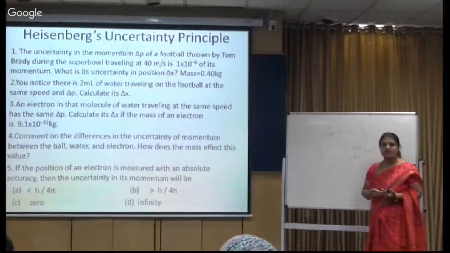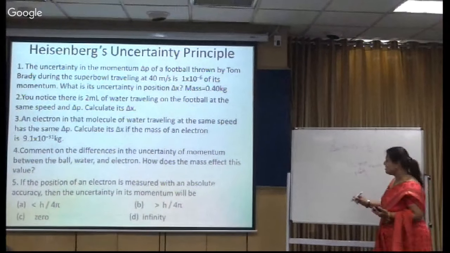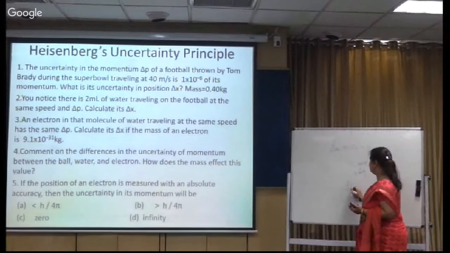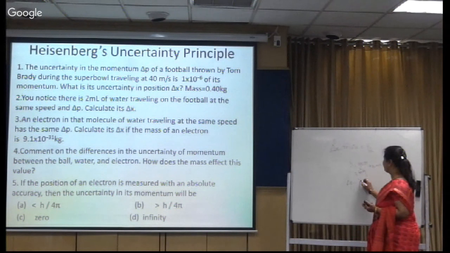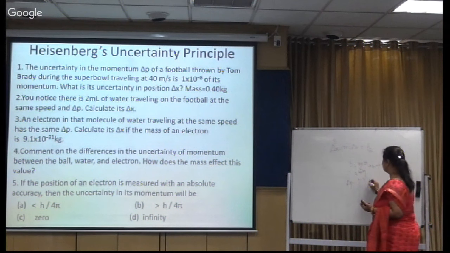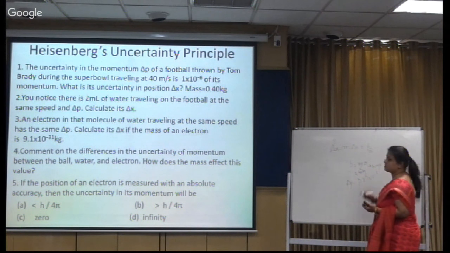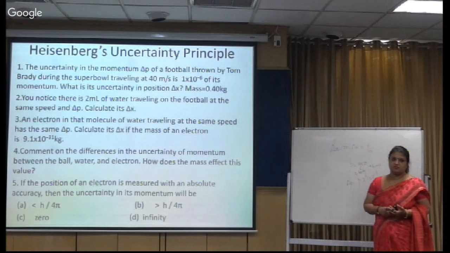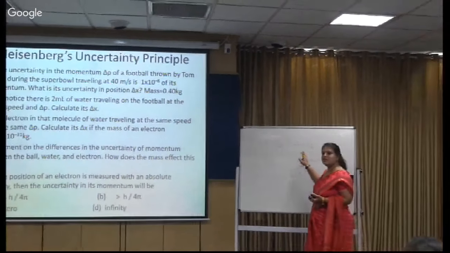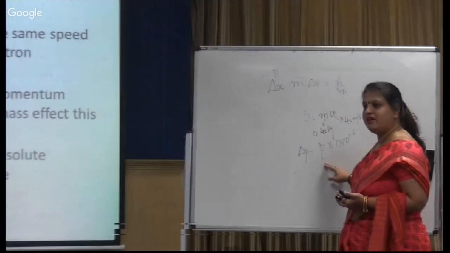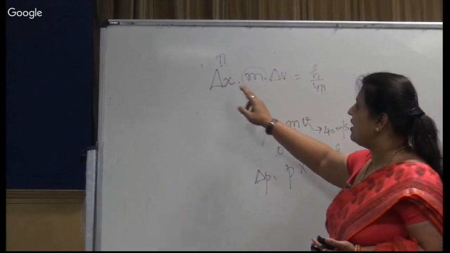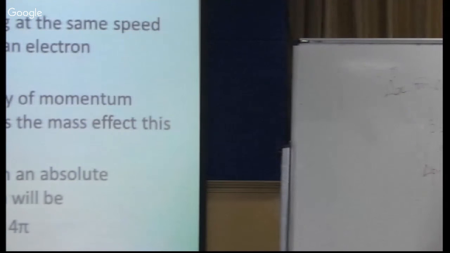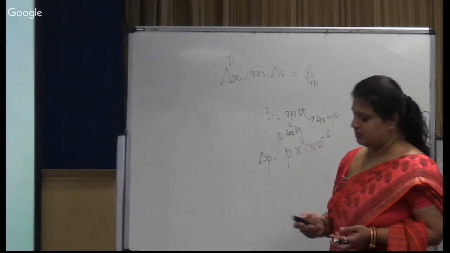So you'll calculate the momentum, and uncertainty will be this momentum, whatever value you get, into 1 into 10 to the power minus 6. So uncertainty in momentum can be calculated like this. H you know, 4 pi you know, so uncertainty in position can simply be calculated.